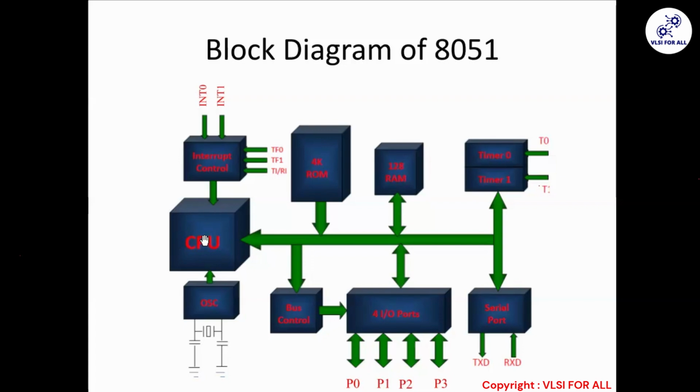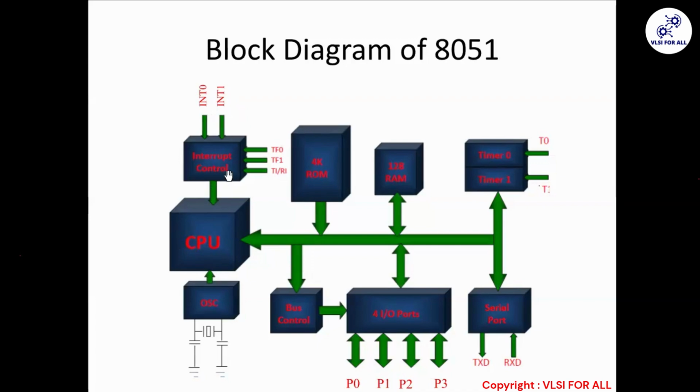On the other side, the CPU is directly interfaced with interrupt control. The external interrupt pins INT0 and INT1 can directly stop the operation of the CPU, depending on the importance of the interrupt.